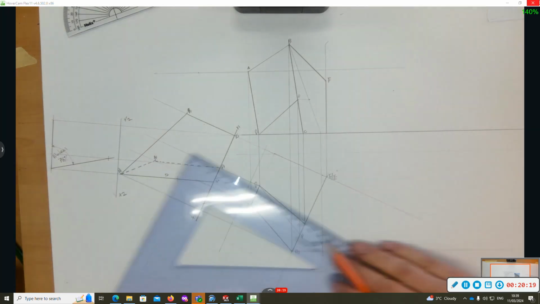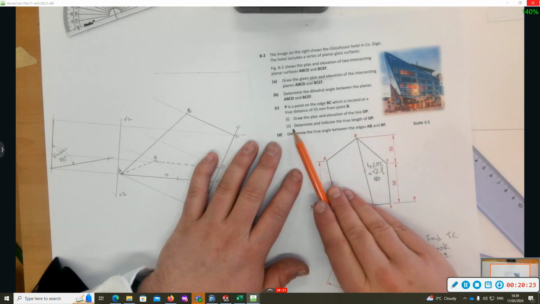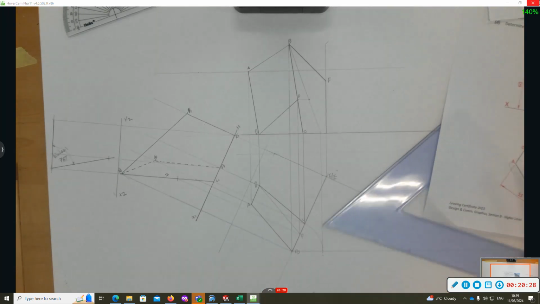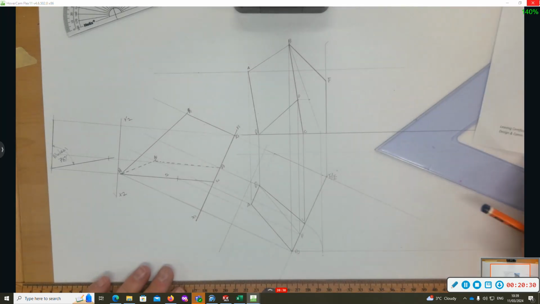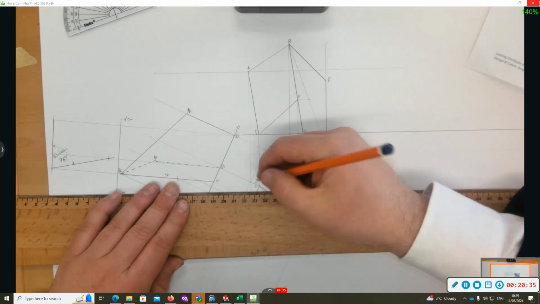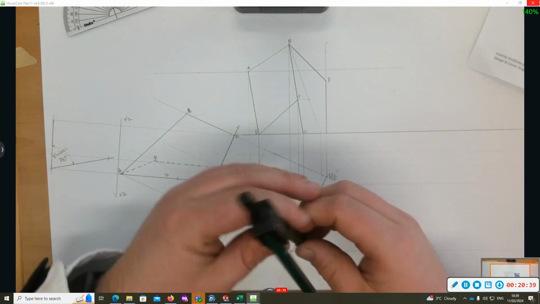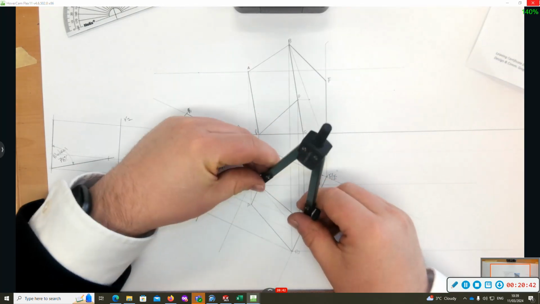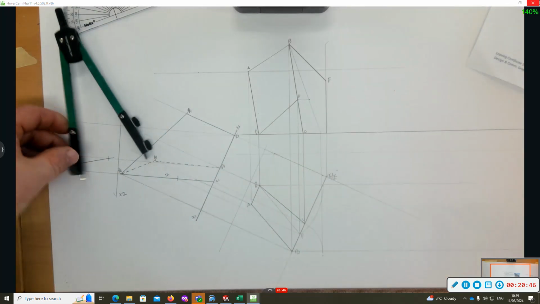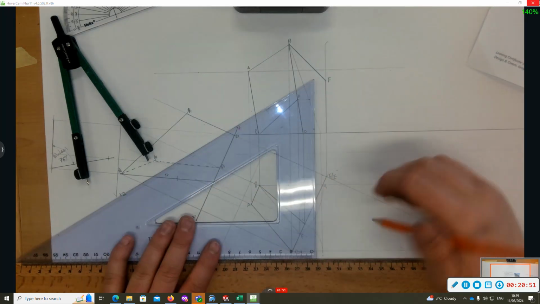Now we have to determine and indicate the true length of line DP. So if I get line DP parallel to the XY line in plan, it becomes a true length in elevation. So I'm going to draw a horizontal line from D. I'm going to rotate P onto that line.